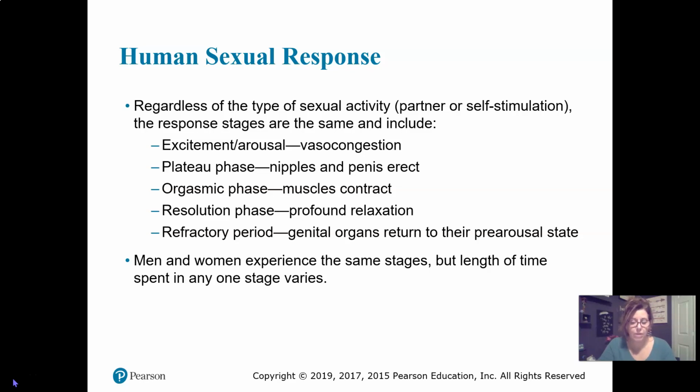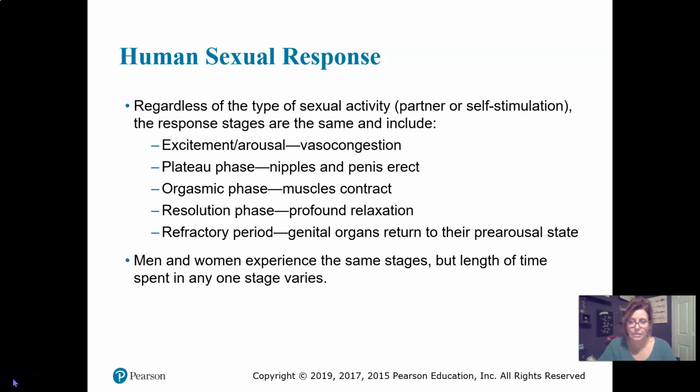The orgasmic phase, when vasocongestion and muscle tensions reach their peak and rhythmic contractions occur throughout the genital regions. And the resolution phase, where the organs return to their pre-arousal states, and a person experiences profound relaxation and deep feelings of well-being.